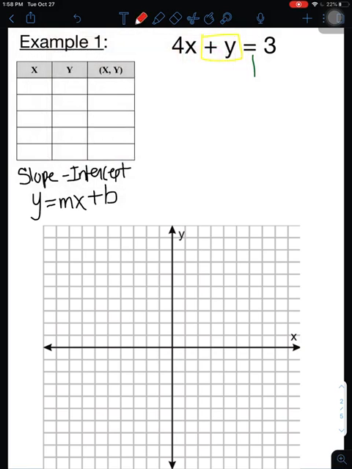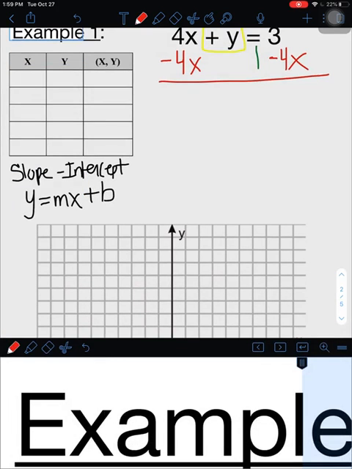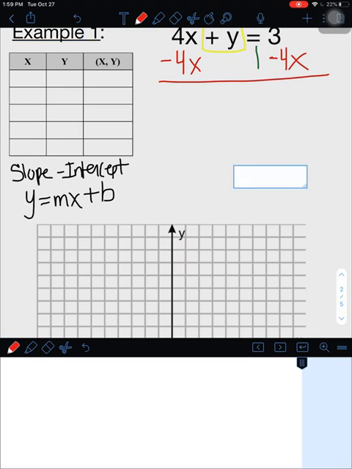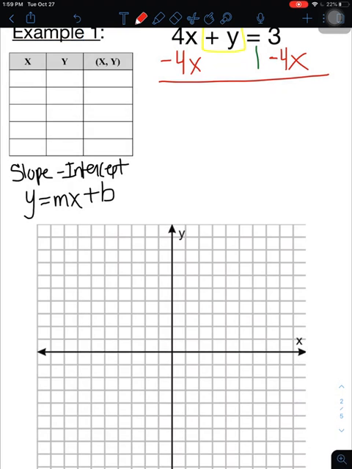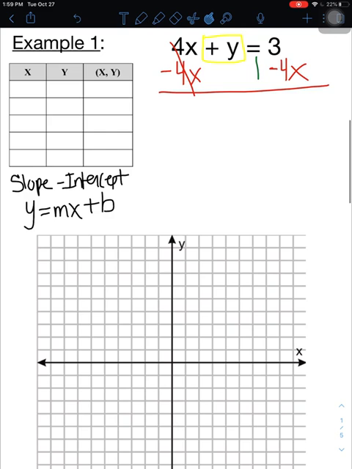So since it is a positive 4x, I'm gonna say minus 4x, and that's on both sides. And that would cancel out.